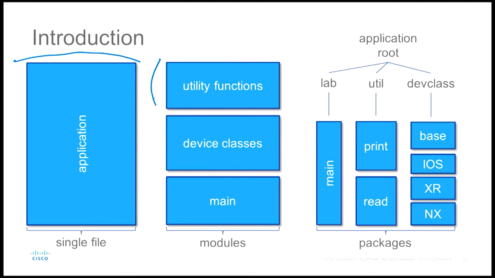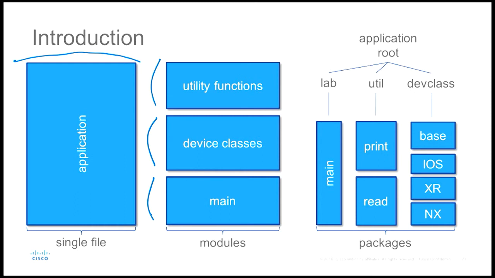In this section, we're going to take utility functionality and put it into a utility module, and take object-oriented stuff, which would be our device classes, and move those into a separate device class module. We will then have our main module, which will call these other functions and classes that we've defined elsewhere in the other modules. So it becomes very handy and a good way to organize your code.